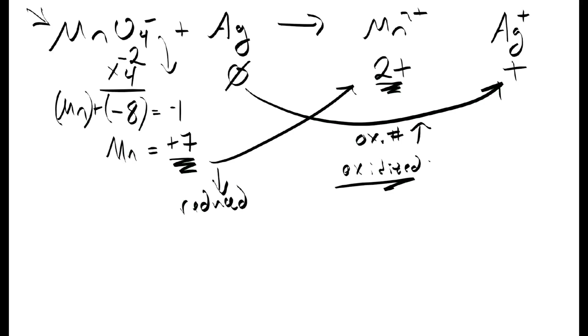So you always have to identify the oxidized species and the reduced species. And just to make things even more confusing, you know how we love to confuse you guys.